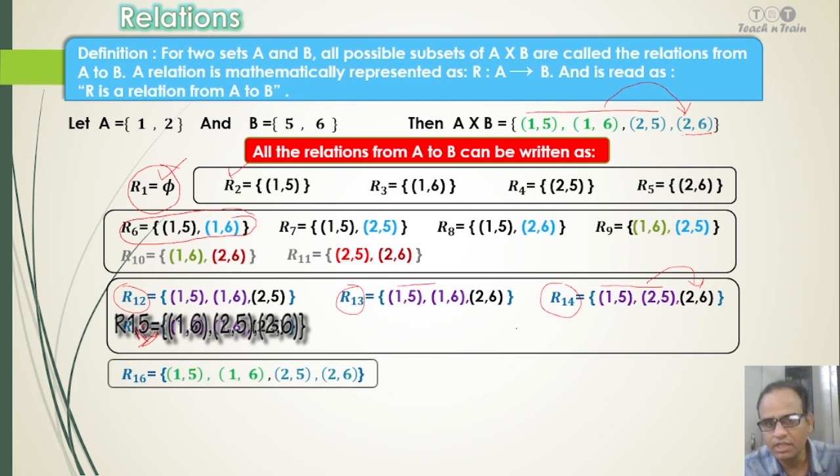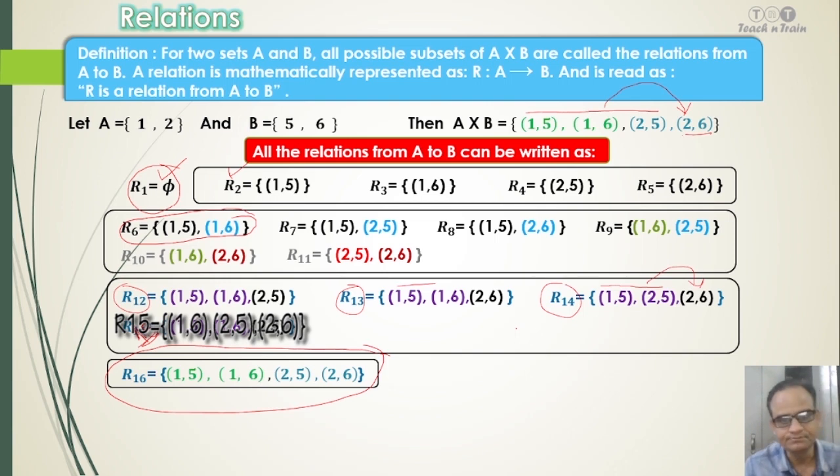So I can generate a new relation in A cross B that contains all the elements of A cross B. We can write relation number 16, because we know that each and every set is a subset of itself. So relation number 16 is proving that R16 is equal to A cross B itself and it is a subset of A cross B as well.